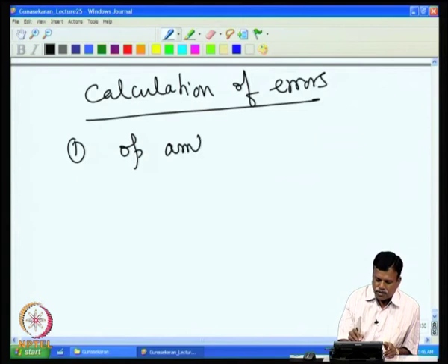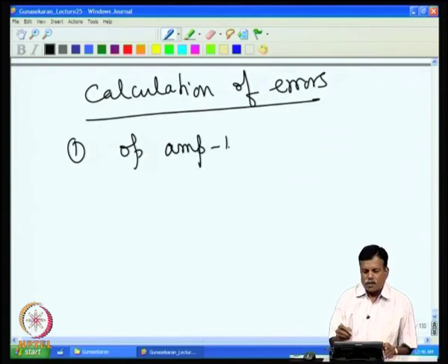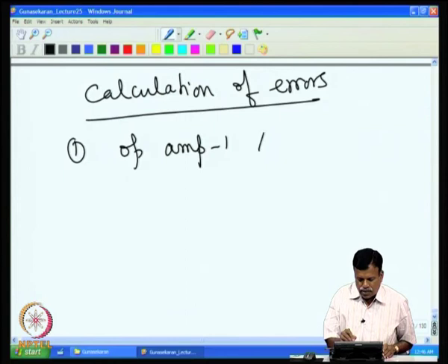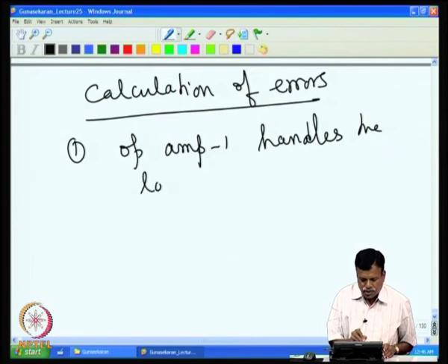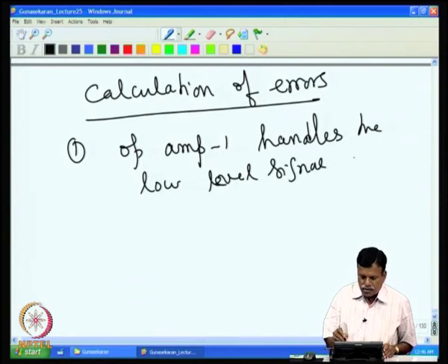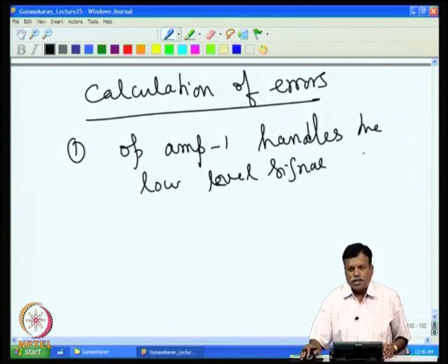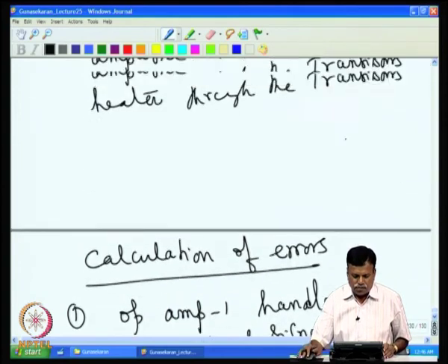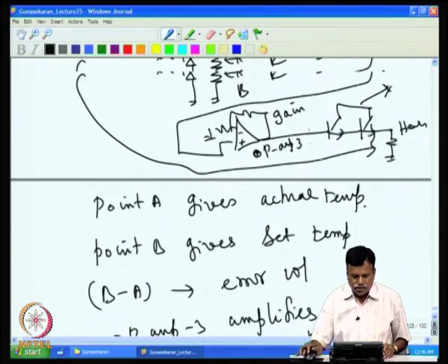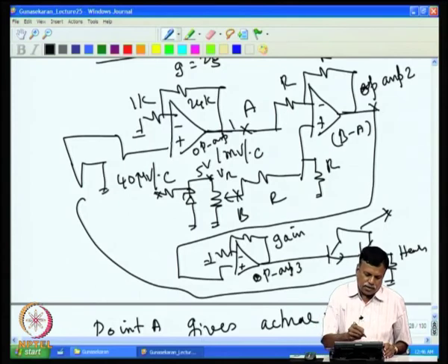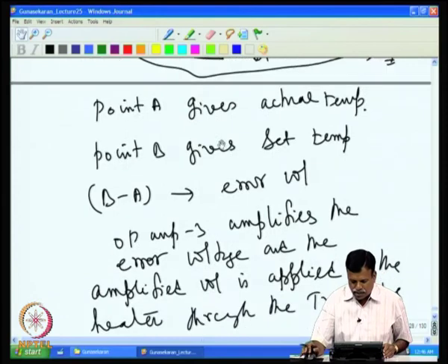Operational amplifier 1 handles the lowest voltage, the low level signal. So, the offset voltage drift of this op amp is very important, because op amp 1 sees the lowest voltage.